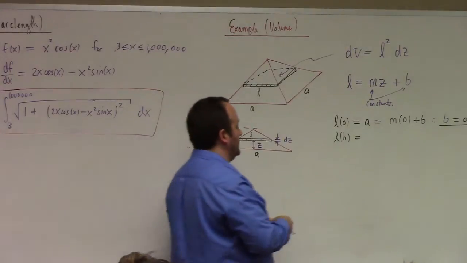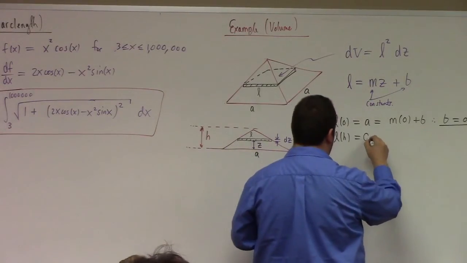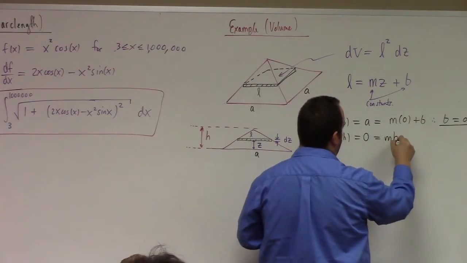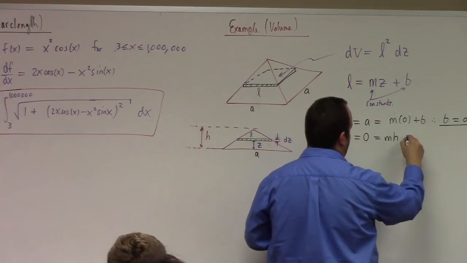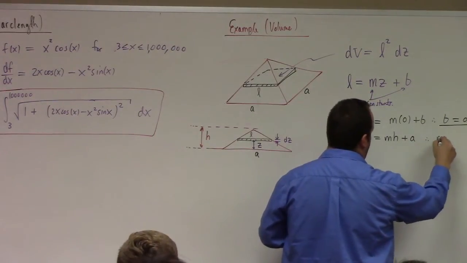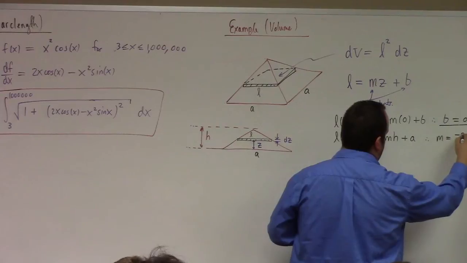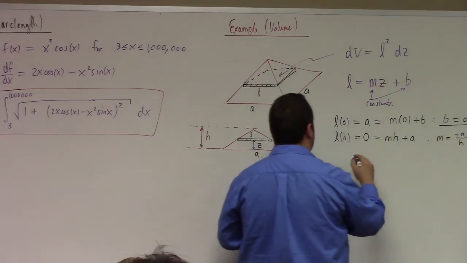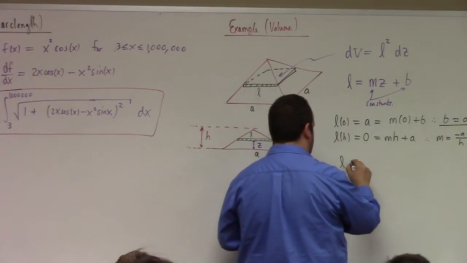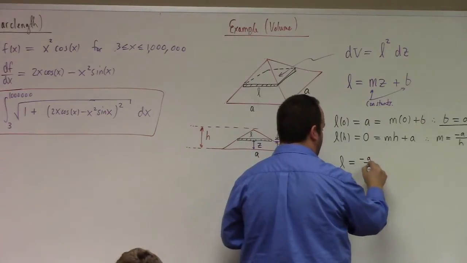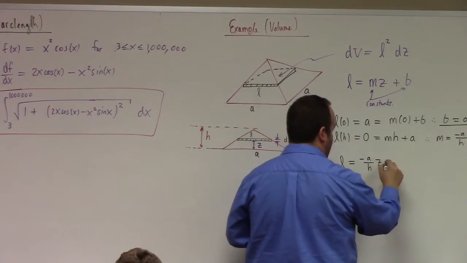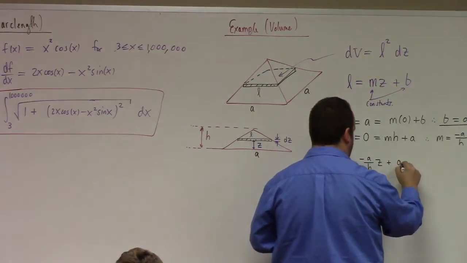And L of h is what? 0, but that's equal to m times h. We just figured out that b was a, right? So I'll write a here. So therefore m is equal to minus a over h. There you have it. L is in fact equal to minus a over h times z plus a.